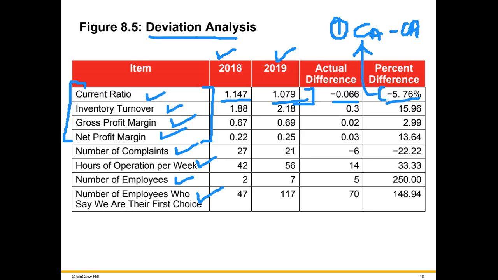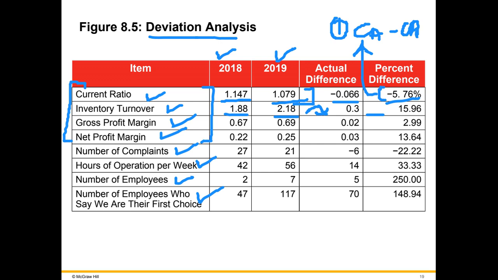Now it has increased. So our inventory is moving fast to the customer. It means we are operating very well, and that's probably one of the reasons that because of our experience curve, we are getting good sales done.